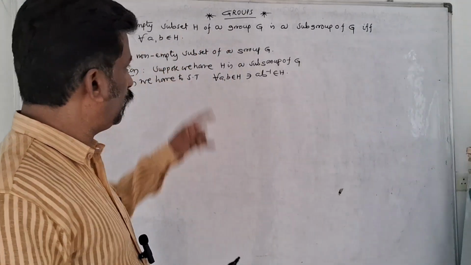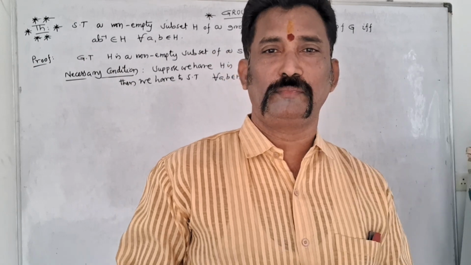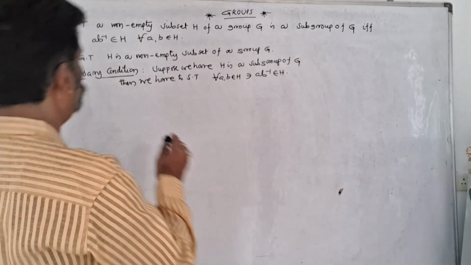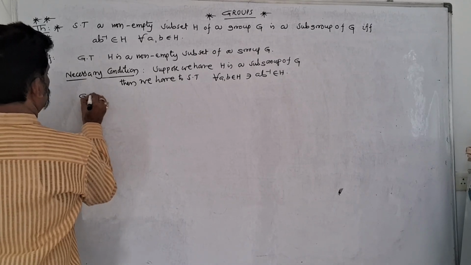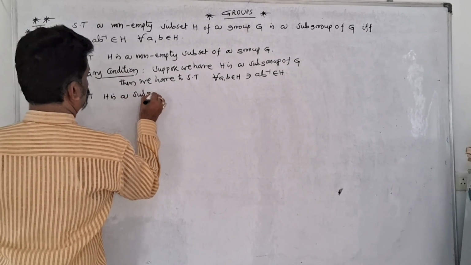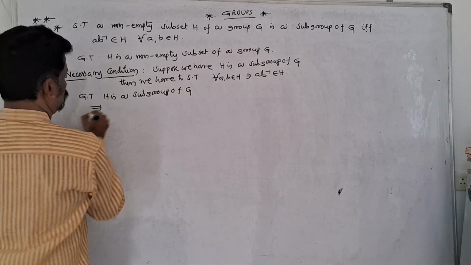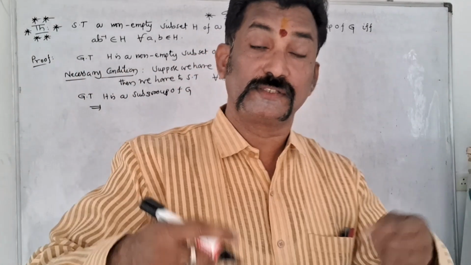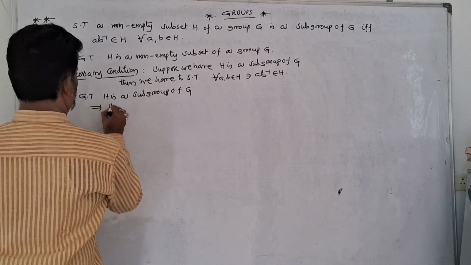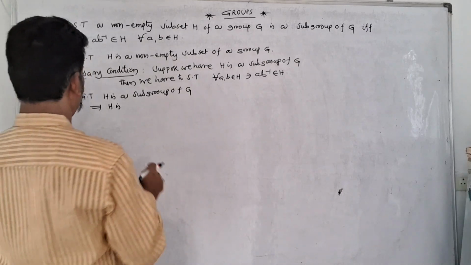Suppose we have H is a subgroup of G, then we have to show that for all A, B belongs to H, AB inverse belongs to H. So, given that H is a subgroup of G. Subgroup of G means H itself is a group.